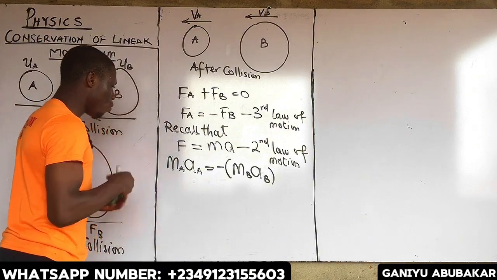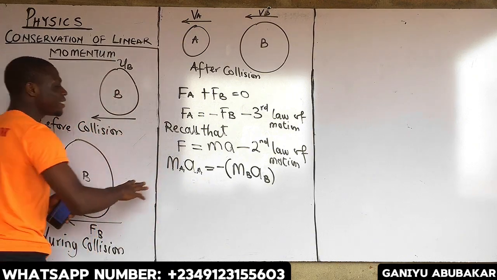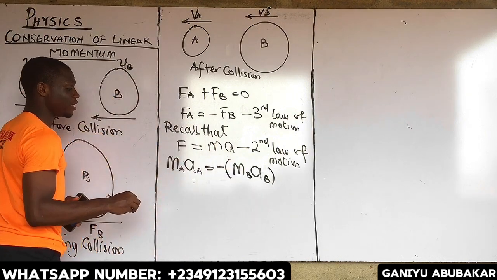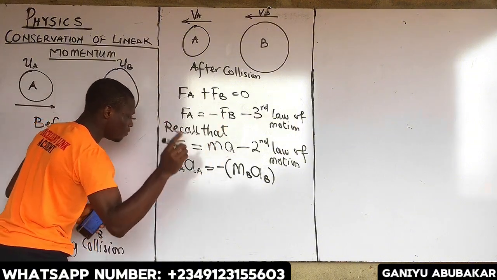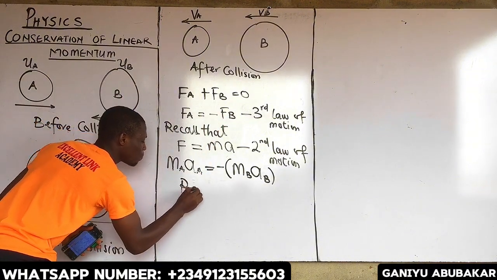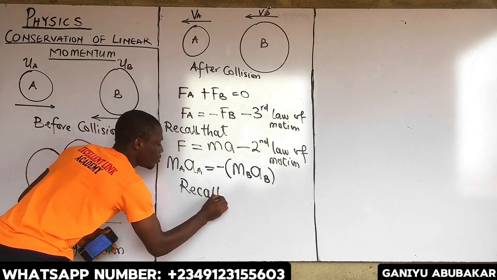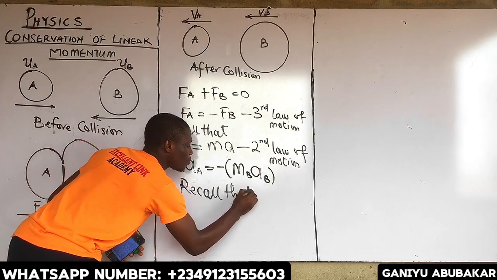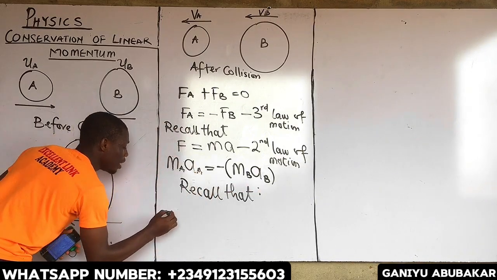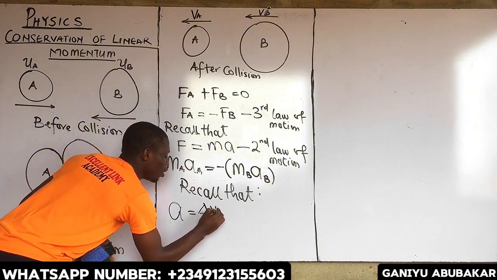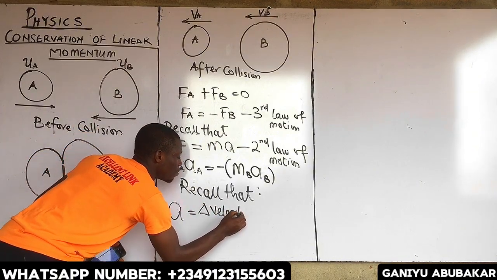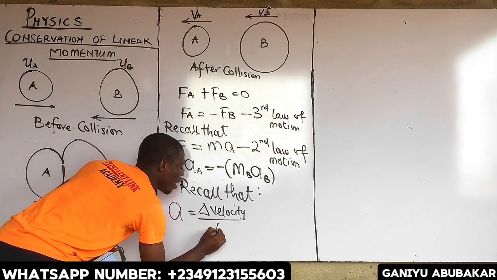At this point here, what's your next task? My next task at this point is to simplify something here. Check very well here. From here now, record that we know something very well. Record that acceleration A is equal to change in velocity all over time.